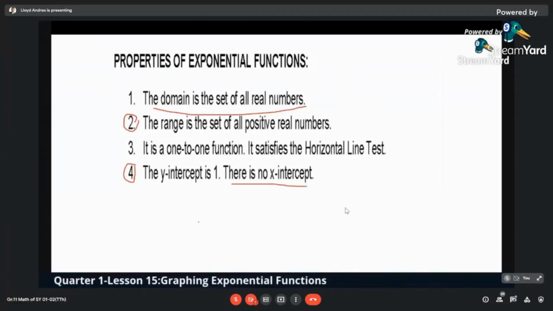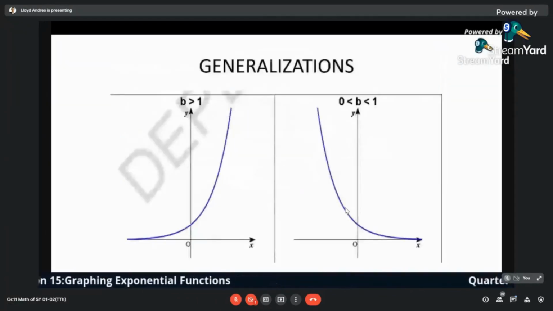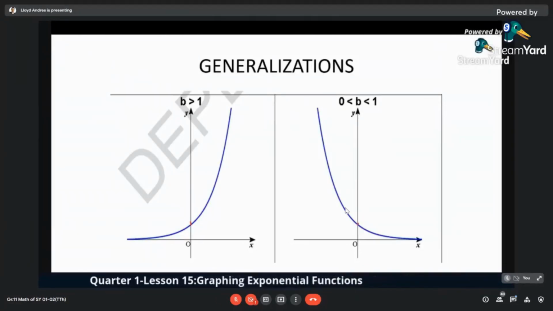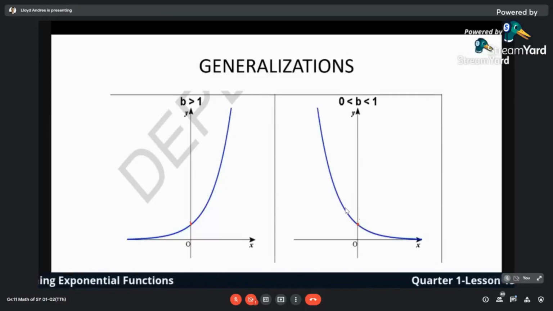The y-intercept is where the graph touches the y-axis, so here it is always at 1, if it is a basic, simple exponential function. Basta, the pattern is just b raised to x.